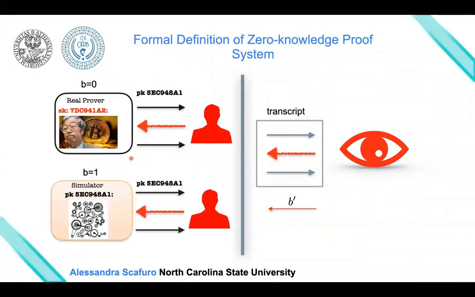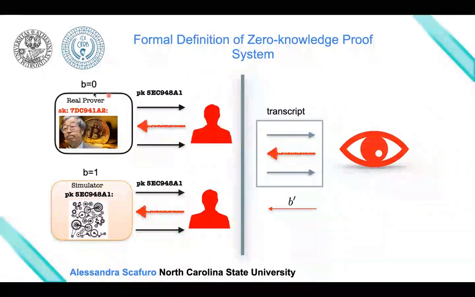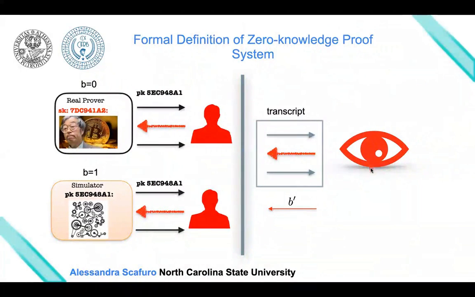If the bit is 1 instead, the challenger is going to compute this transcript using something that we call the simulator, and without knowing any secret. So if b is equal to 0, the transcript was computed with the knowledge of the secret. If b is equal to 1, the transcript is computed without any knowledge of the secret. And then we ask, is there any distinguisher that can tell how the transcript was computed?